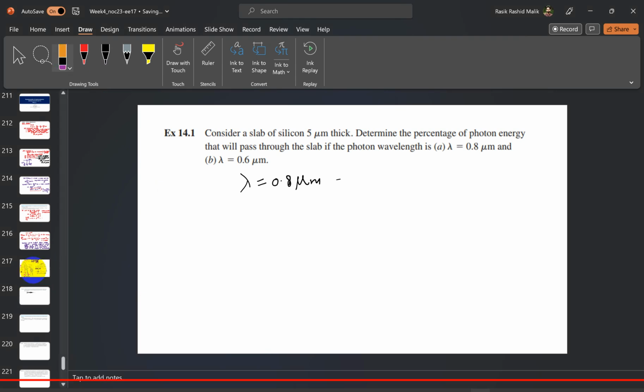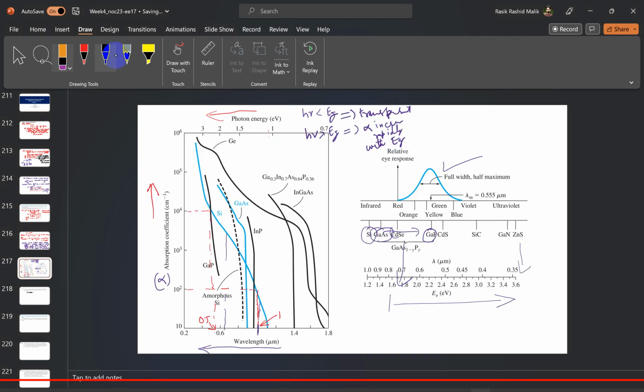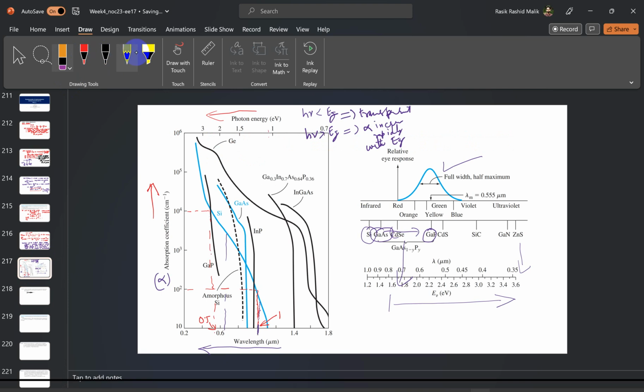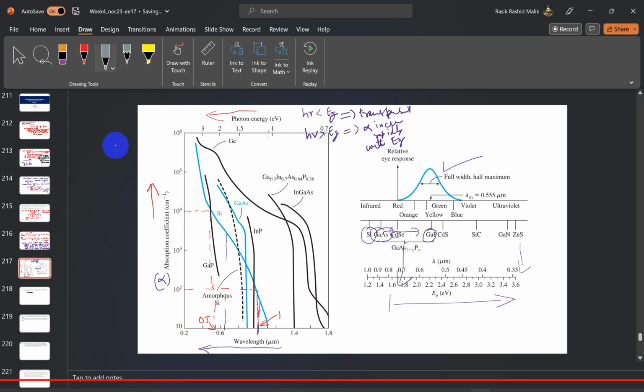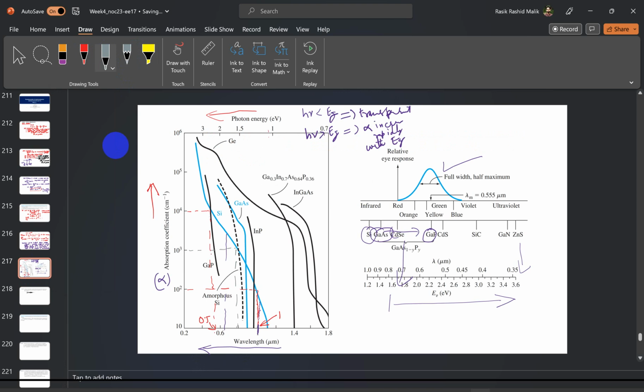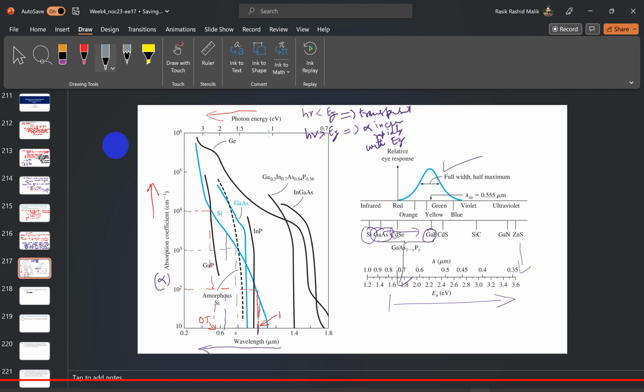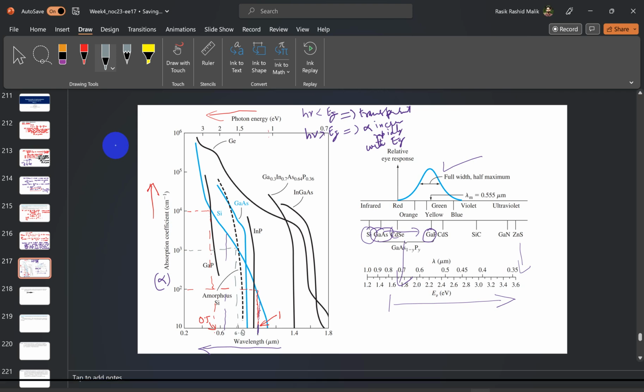If we look into the diagram, say it is 10 to the power 3 here for 0.8, and for 0.6 it is somewhere in between 10 to the power 3 and 10 to the power 4.